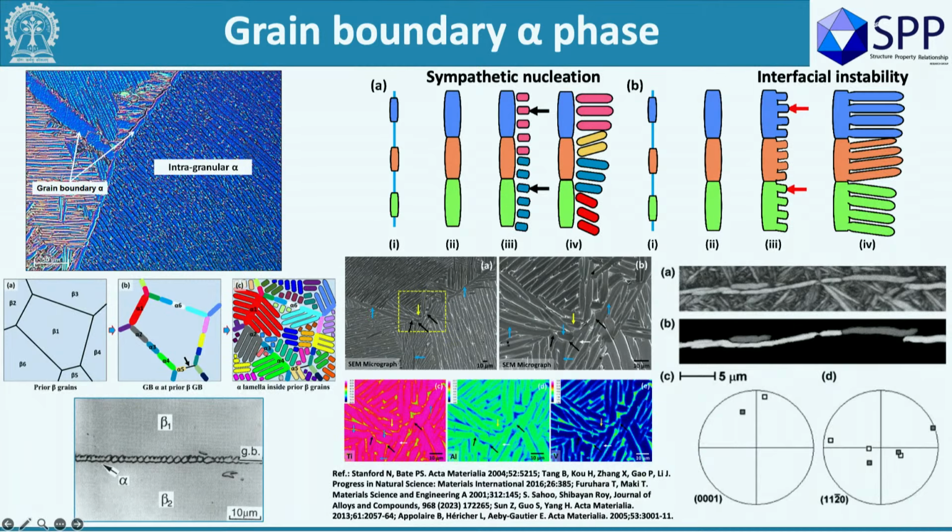So it has to satisfy the Burgers orientation relationship with both, compared to the lamellar alpha, which has to do it only with one, its own parent beta. That's it. So in this case the situation is much more difficult.